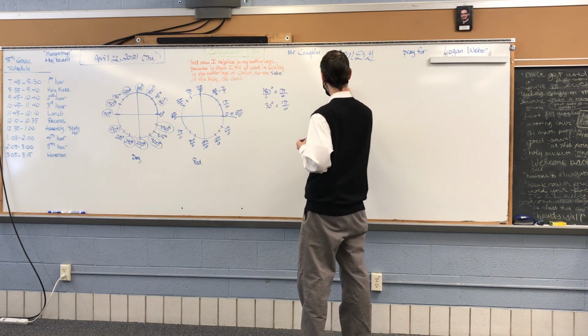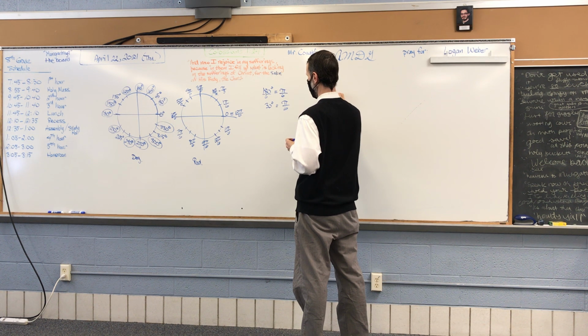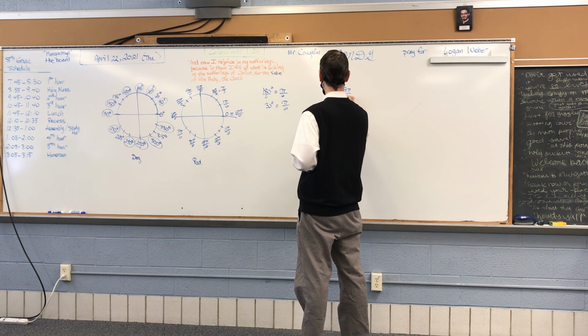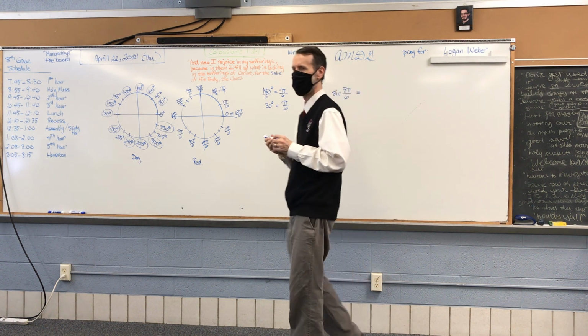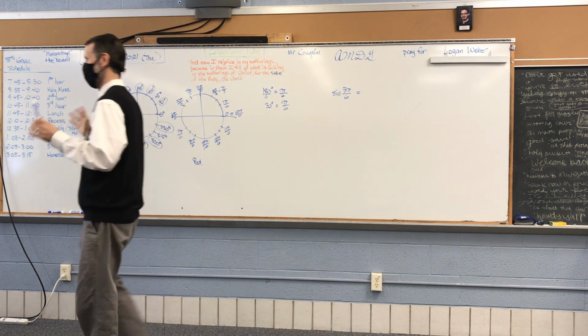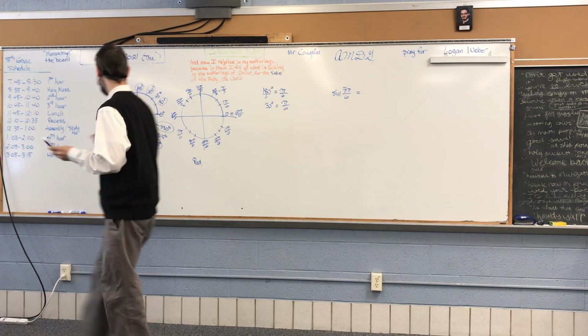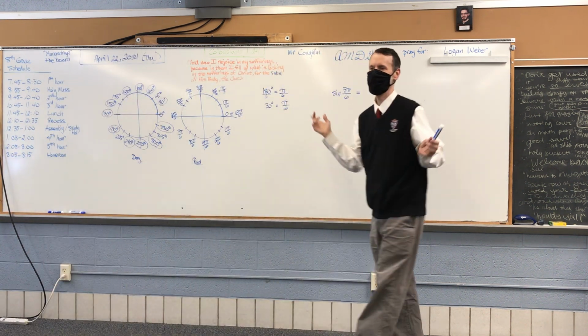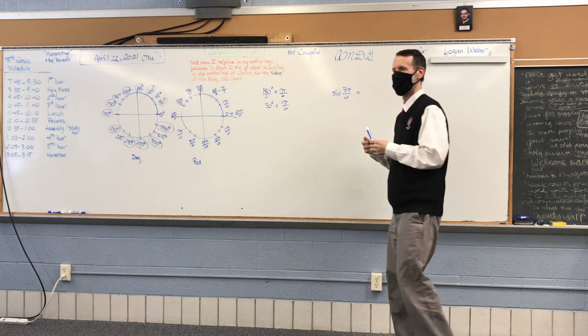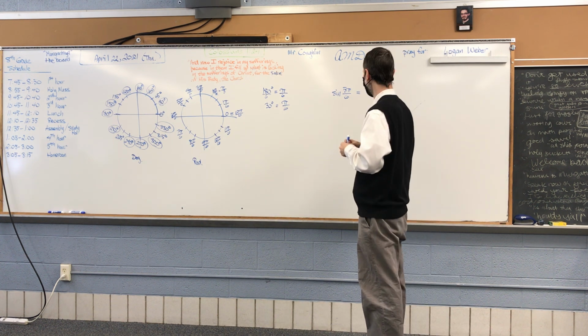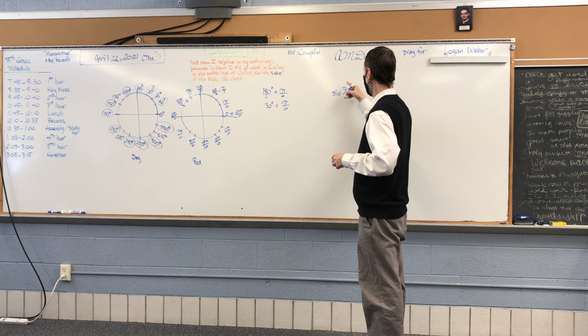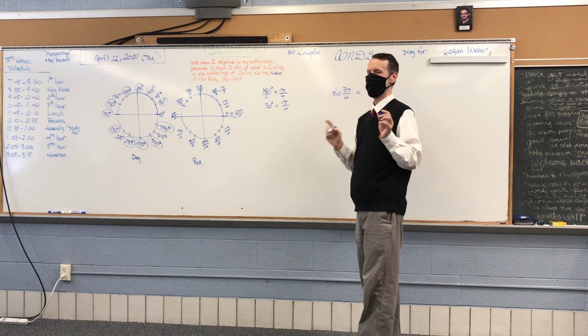Try this. What's the sine of 5 pi over 6? First of all, can you see what multiple it is? It's a multiple of what? Do this again. 5 pi over 6, it's a multiple of what thing we've seen before?